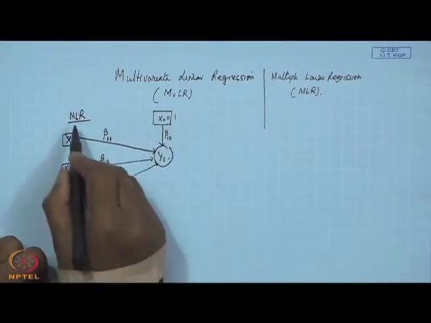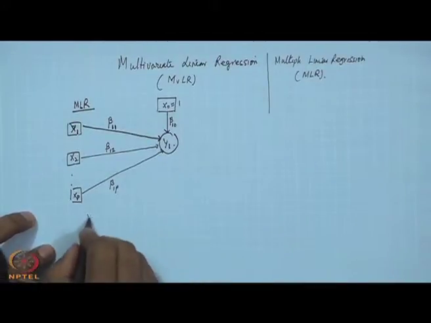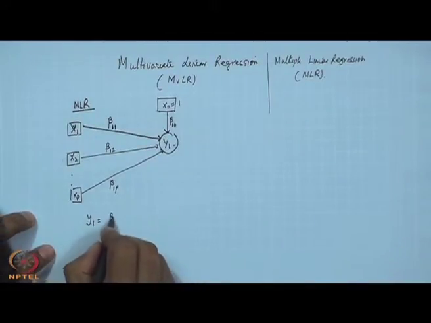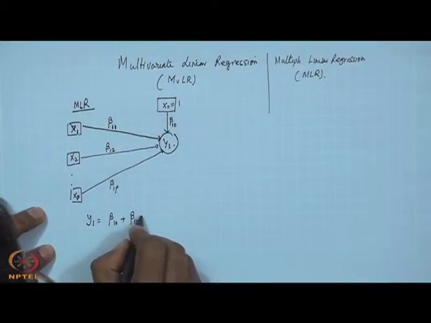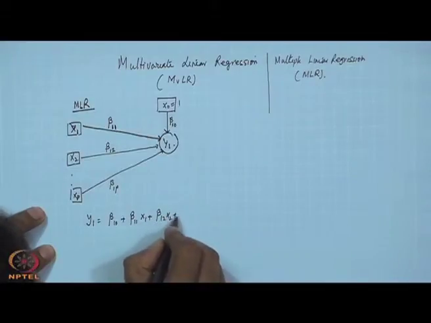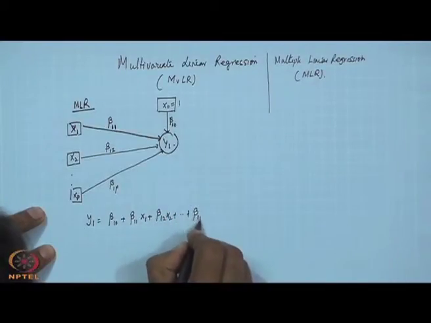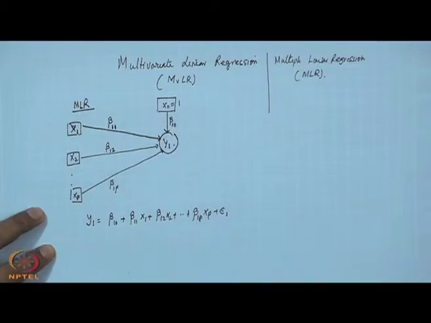Okay. So, this is your MLR, and in MLR the equation is y1 equal to beta 10 plus beta 11 x1 plus beta 12 x2 like this, beta 1p xp plus epsilon 1.